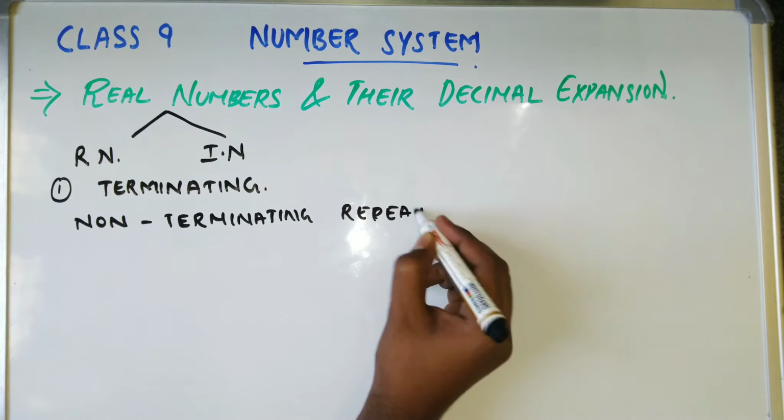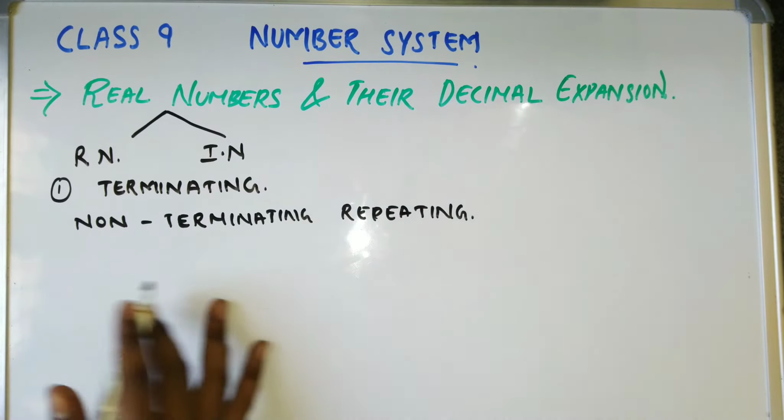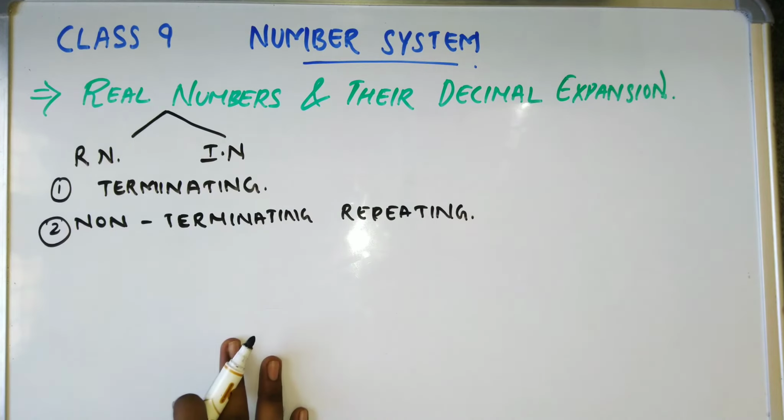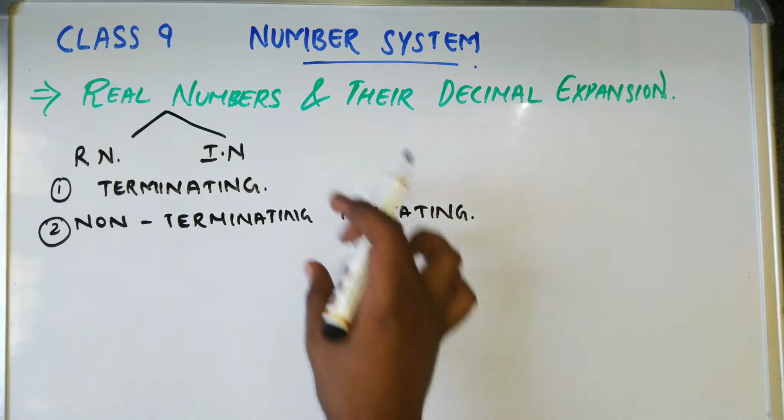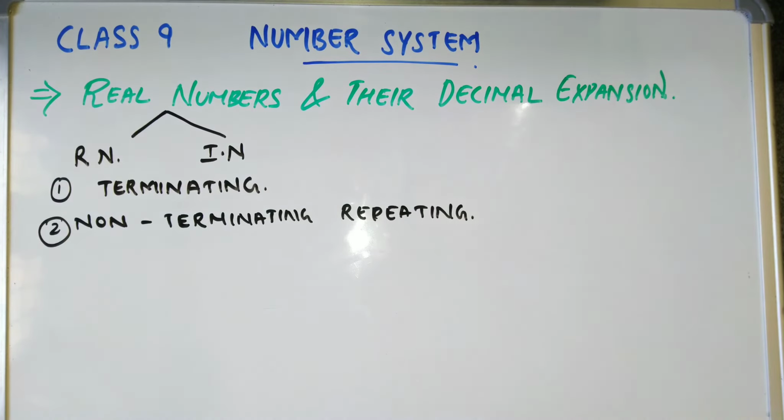So we'll understand what is there in this. Rational number expansions are two types: one is terminating, the other one is non-terminating.